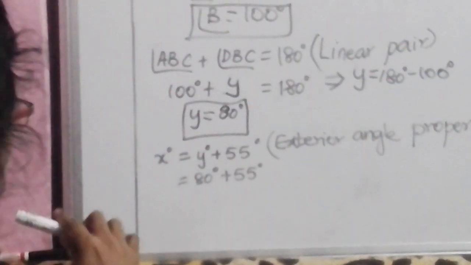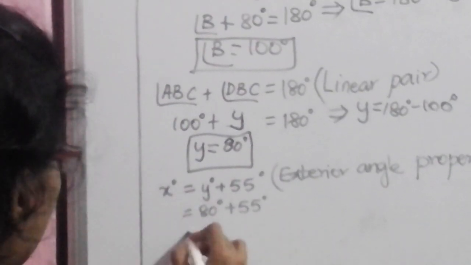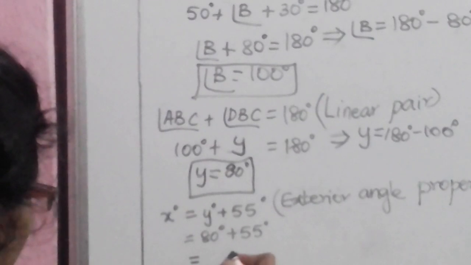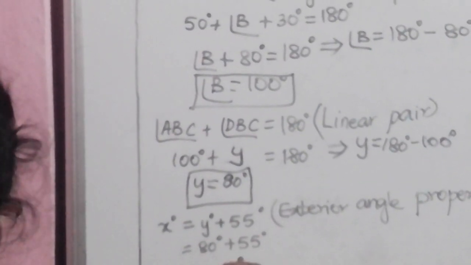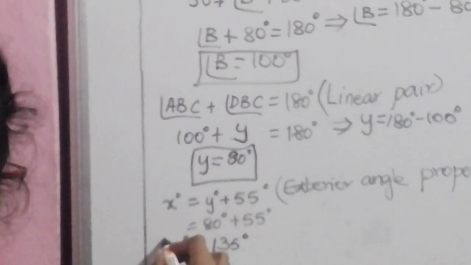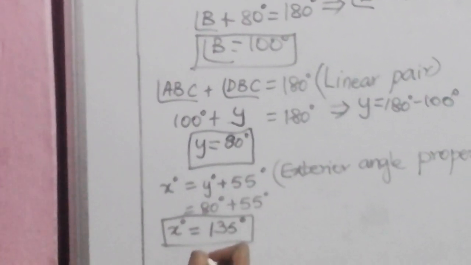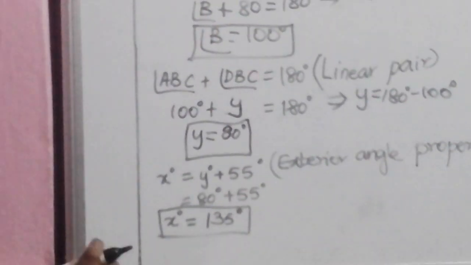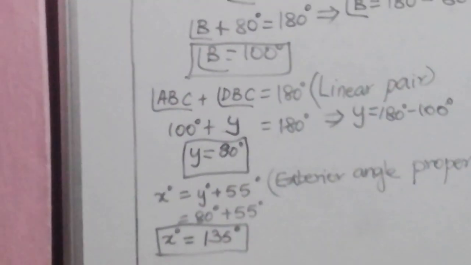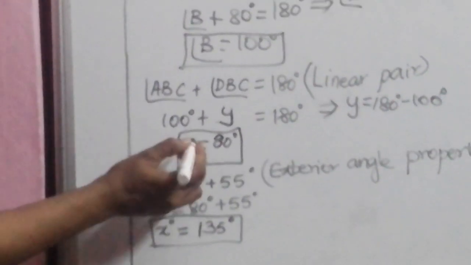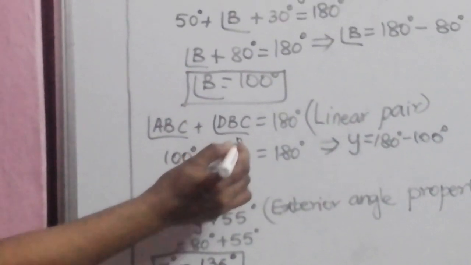So this is equal to 80 plus 55, which is 135. So here x degrees, you got it as 135 degrees. Here they asked you to find out the value of x and y. Here you got the value of x and here you got the value of y degrees.